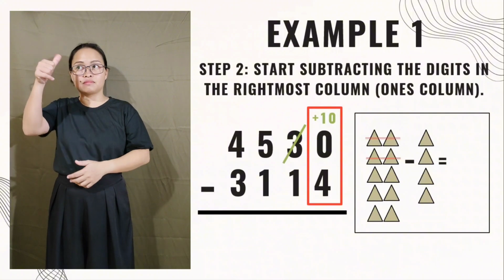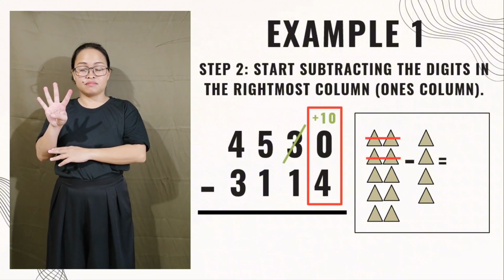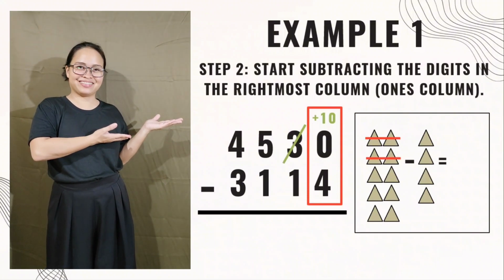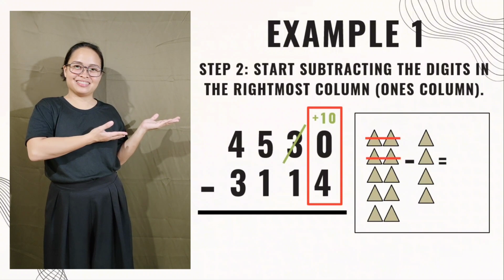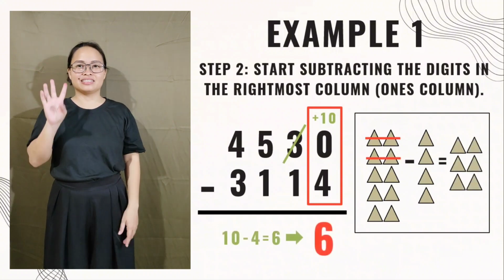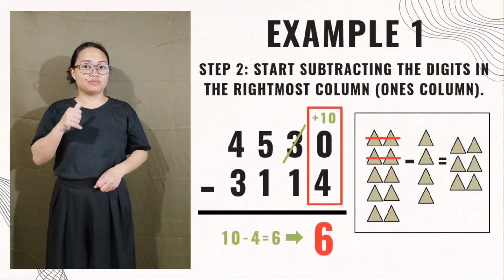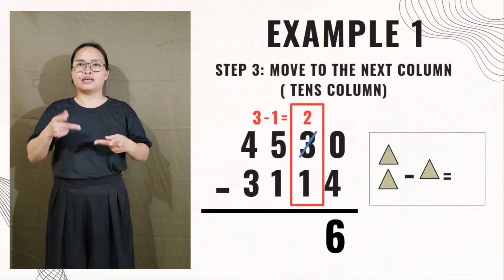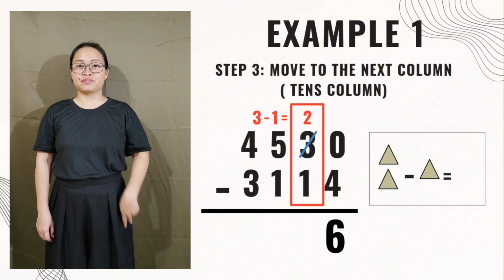So 10 minus 4. Now let's count how many we are left with. We are left with 6. So 10 minus 4 is 6. Next, move to the next column, or in tens place. 2 minus 1.